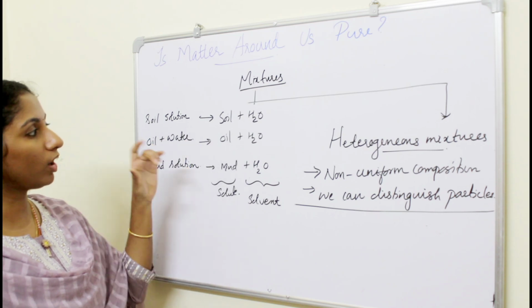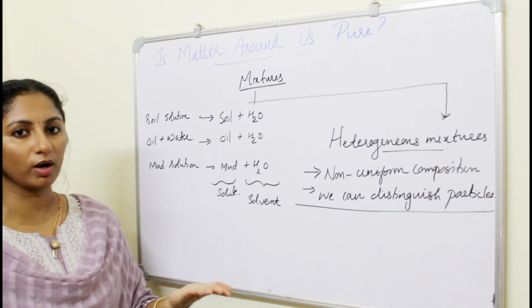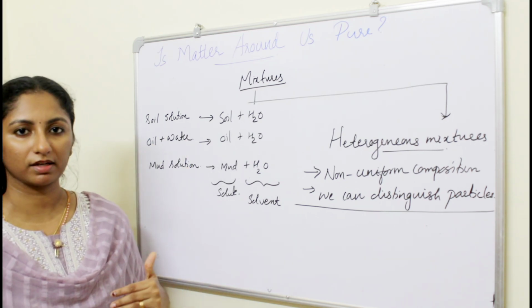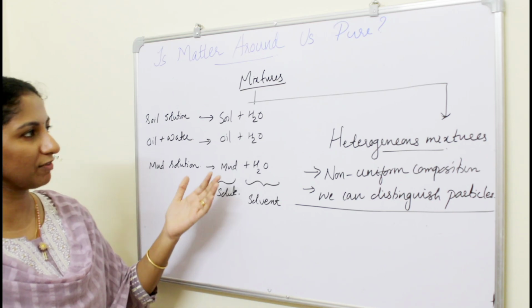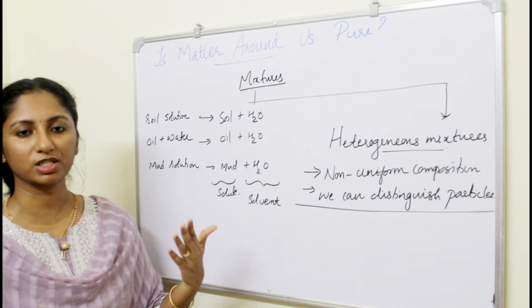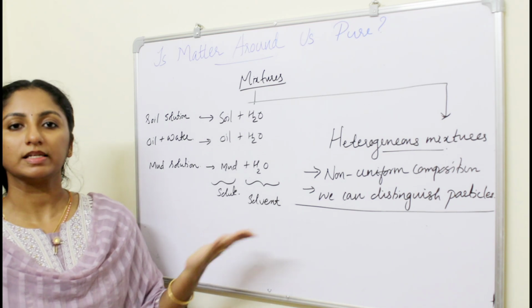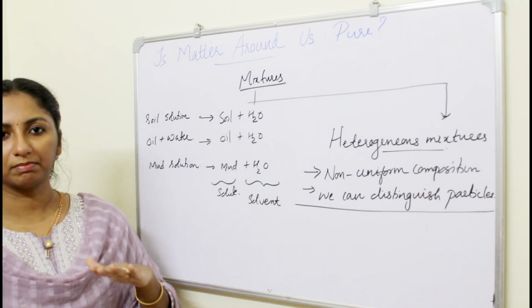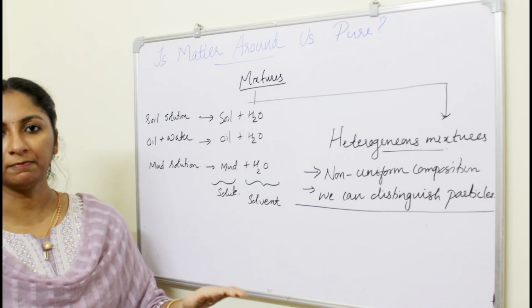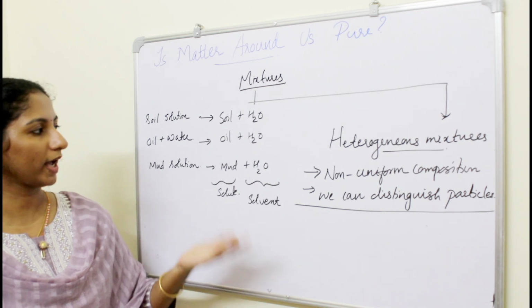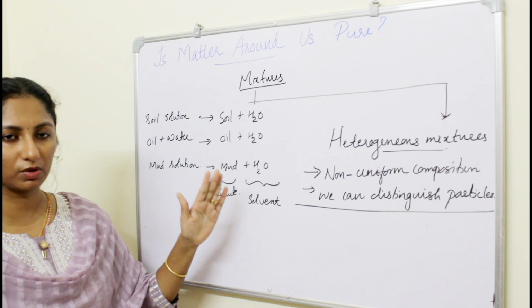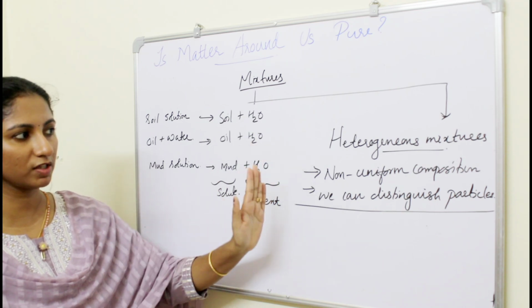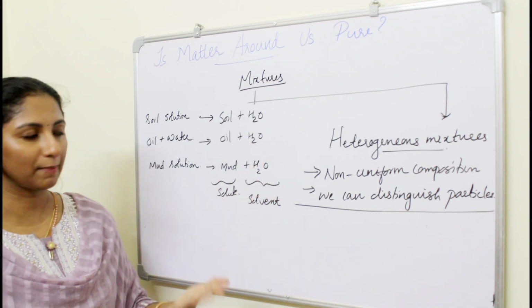If you want to separate the soil from the water, we can do it by the sedimentation method. After keeping the soil solution for some time, the soil settles at the bottom of the beaker, and then we can separate the water from it.